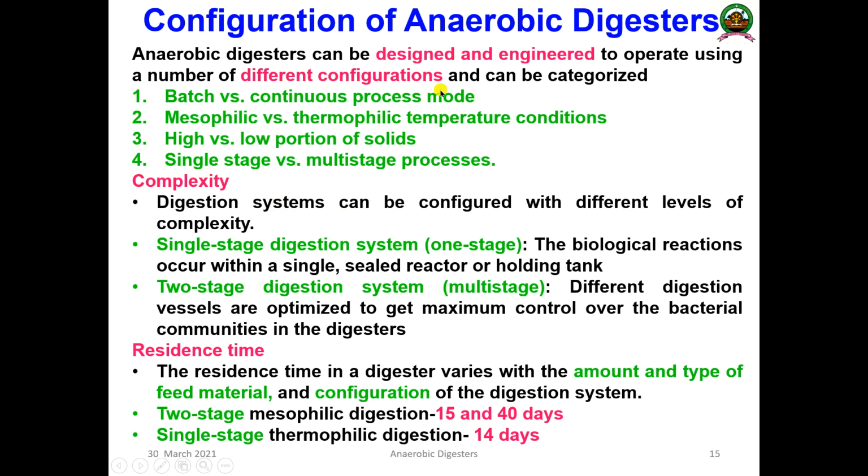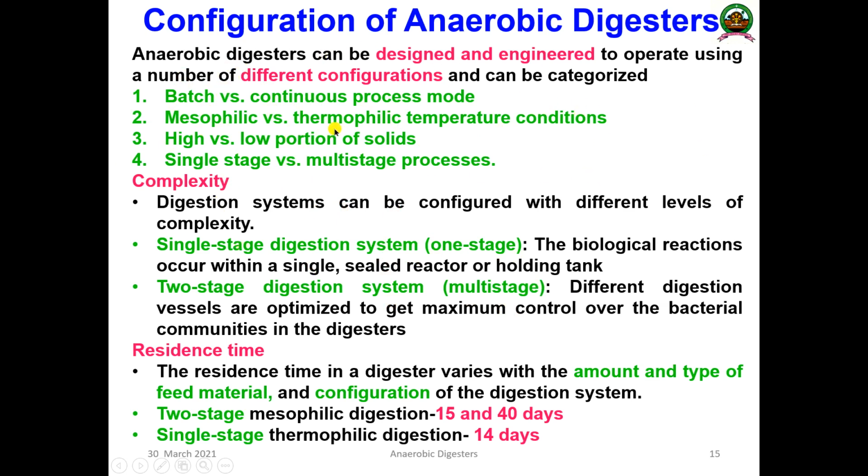But in the case of the continuous process, the feeds are continuously added and you are continuously generating the end products, so the process does not stop. In the previous case, you add the feed once, and when it is over, you add the next batch of feed. That is known as the batch process. But here, you are continuously adding the waste material.